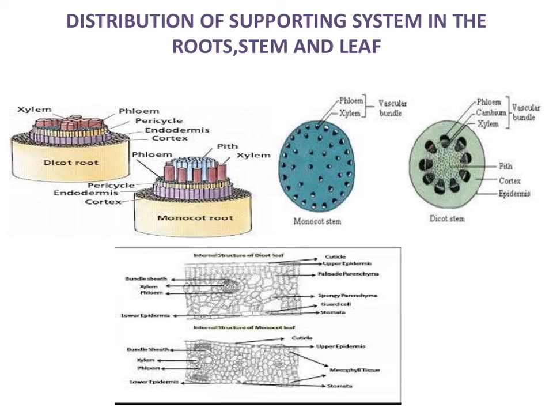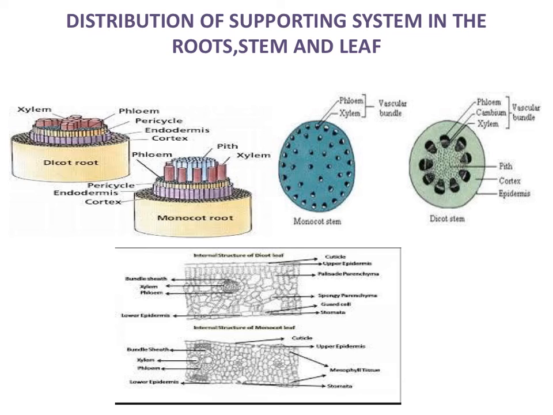Distribution of supporting system in roots, stem, and leaves. For dicot roots, you have the phloem, pericycle, endodermis, cortex, xylem, and for monocots, you also have the same with inclusion of pith.